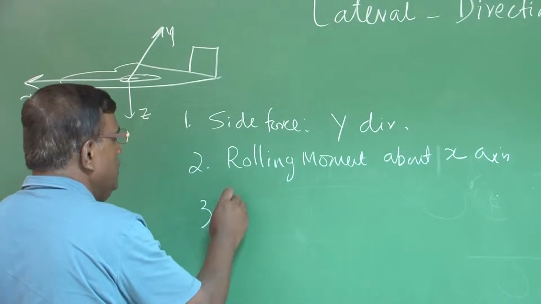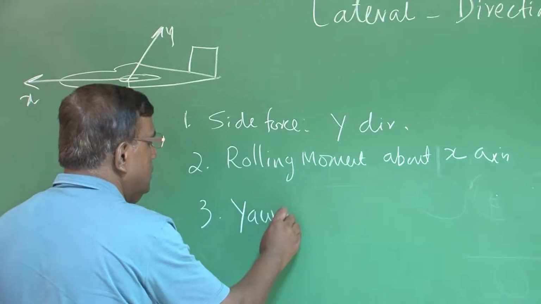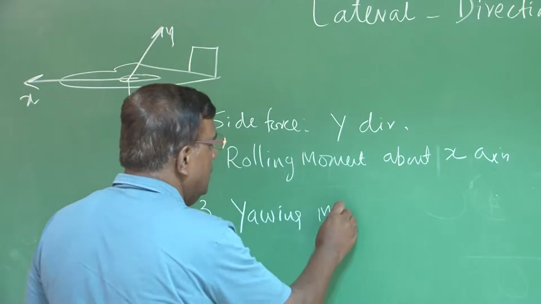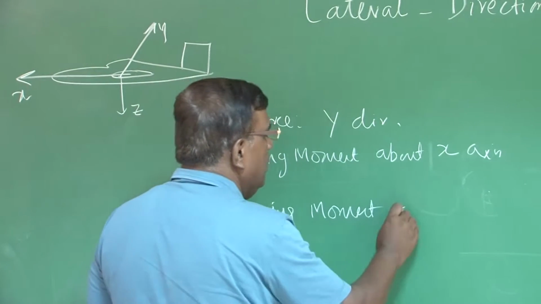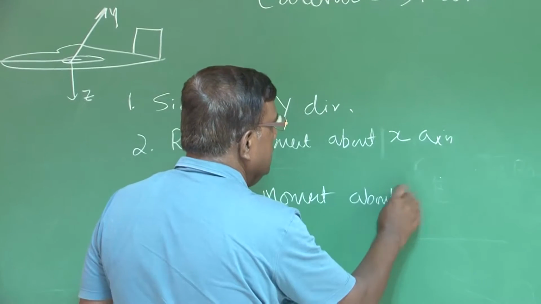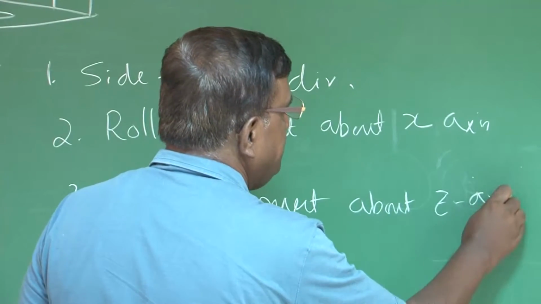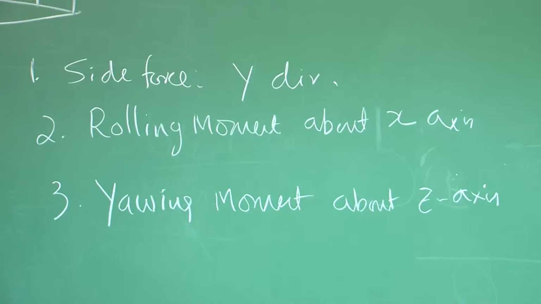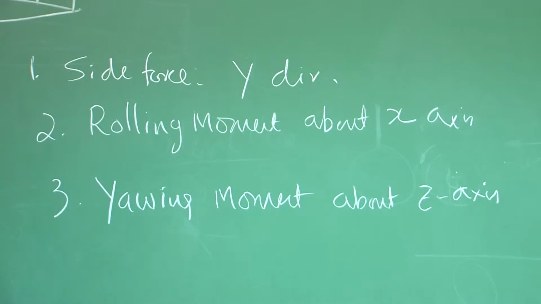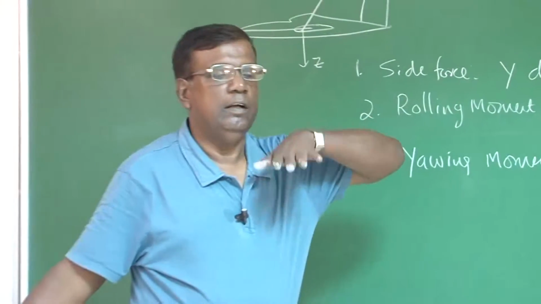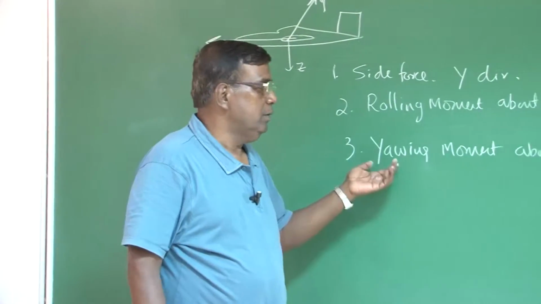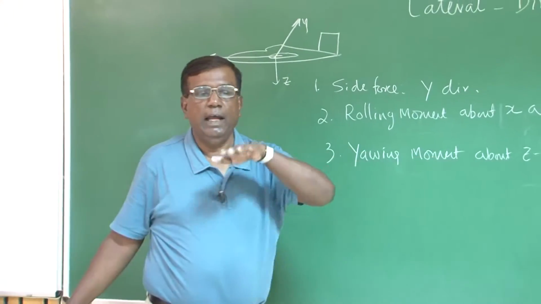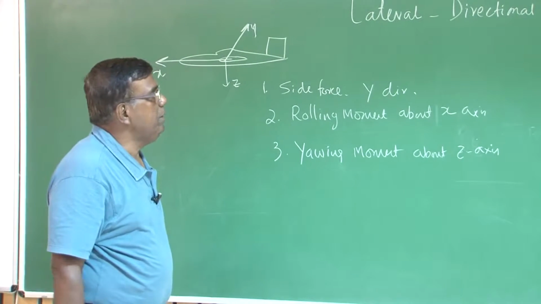And third will be yawing moment about z axis. And we know the sign convention. As far as rolling moment is concerned, right wing going down when I am flying like this is positive, and right wing going back when I am flying like this is yawing moment positive.